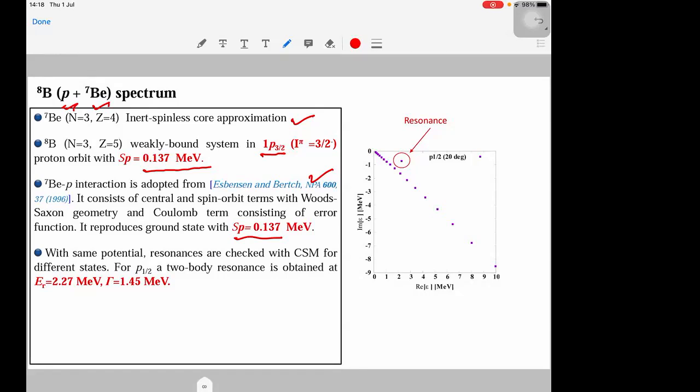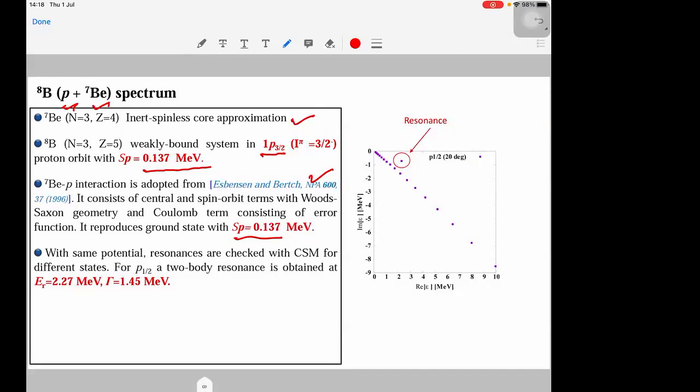the resonances are checked in the complex scaling method. And it is found that, interestingly or surprisingly, I would say, with the same potential, we have non-resonant continuum in other states, that is p3/2, s1/2, and others. But we have a 2-body resonance in the p1/2 continuum that can be seen in this figure on the extreme right.